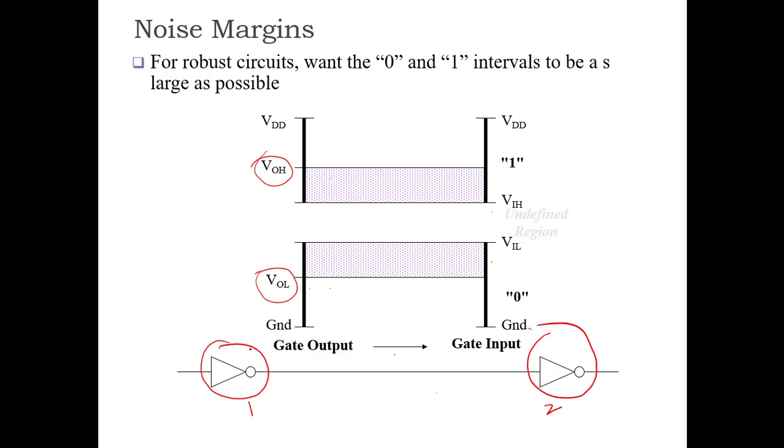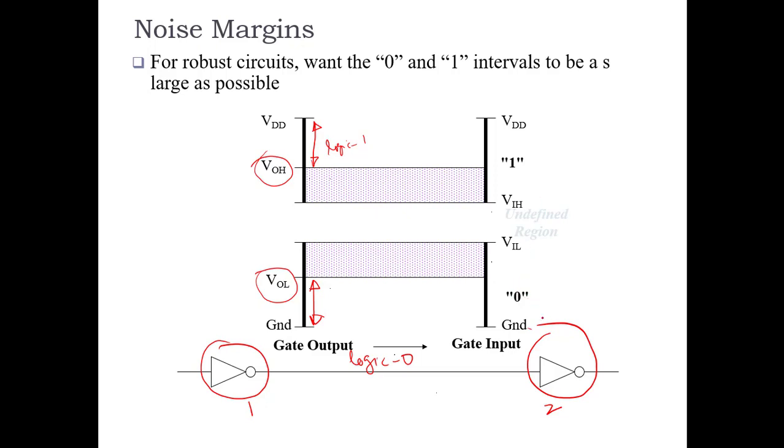If this gate wants to send a logic 0, it will send a voltage between ground and VOL. If it wants to send a logic 1, it will send a voltage greater than VOH.